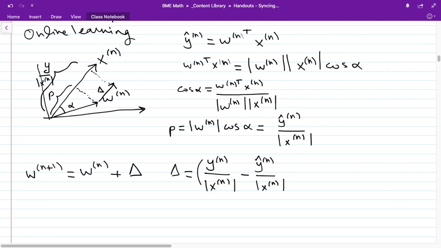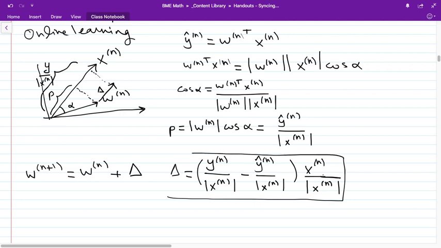This was p. This is a scalar quantity, and I want it to be in the direction of x of n, so that's a unit vector in the direction of x of n. That's how I should correct my prediction, w, if I want to completely account for the data.